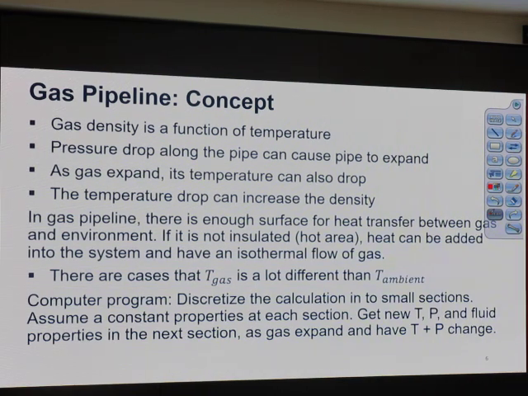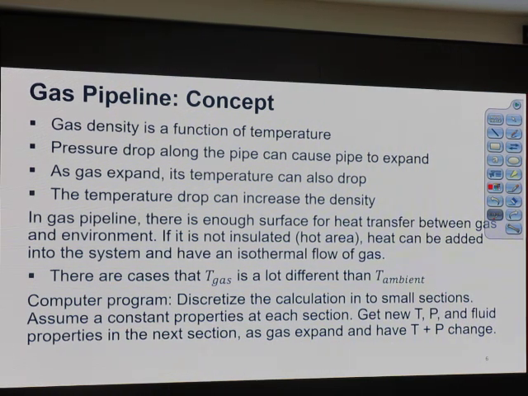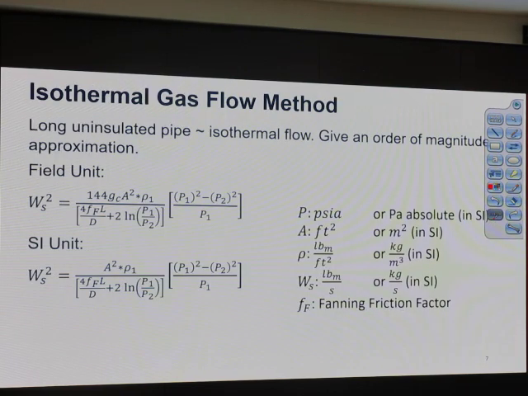So we need to do something. If we don't use a computer program that discretizes it into small sections, we need a formula that is already validated with experimental results. Those equations are Panhandle A, Panhandle B, all those equations.